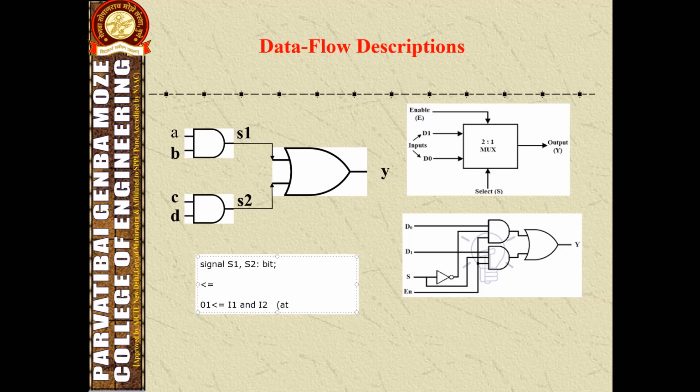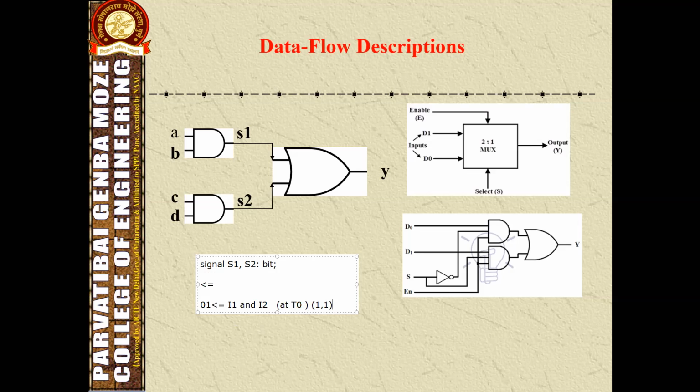At time 0, the O1 value will be calculated from the current values of I1 and I2. For example, I am thinking these two values are 1, 1.